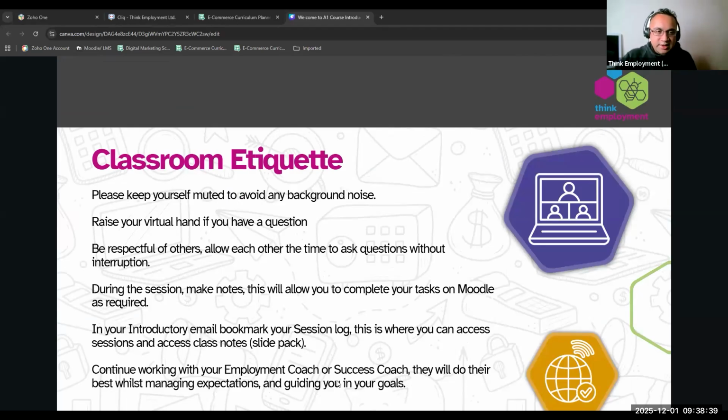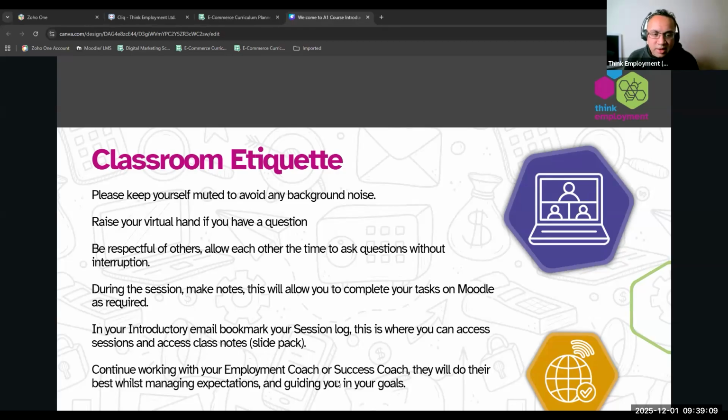But before we get into that, there's some classroom etiquette. Obviously we're on Zoom, but we have to mention a few things. One is to put yourself on mute unless you want to say something, in which case put your hand up. You've got your little hand that you can use on Zoom, and if you've got any questions, just let me know. We're all from different backgrounds and experiences, so I ask you to respect each other's opinions.